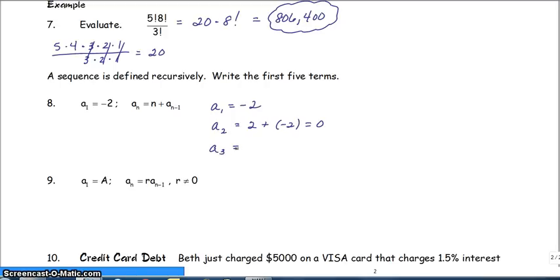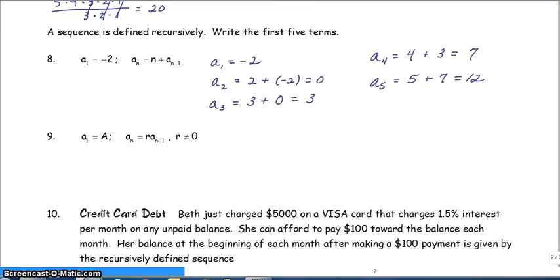A sub 3, take n, which is 3, and add the term before that, which is 0. So we would have 3. A sub 4, take n, which is 4, add the term before that, which is 3, and that would give us 7. A sub 5 would equal n, which is 5, plus the term before that, which is 7, to give us 12. And so the first 5 terms of this sequence would be negative 2, 0, 3, 7, and 12.